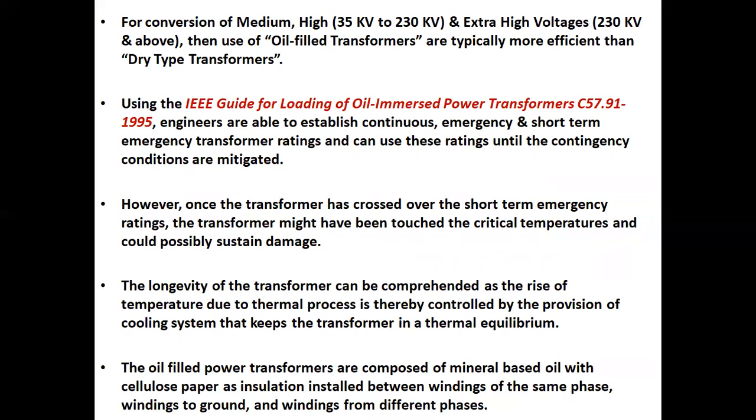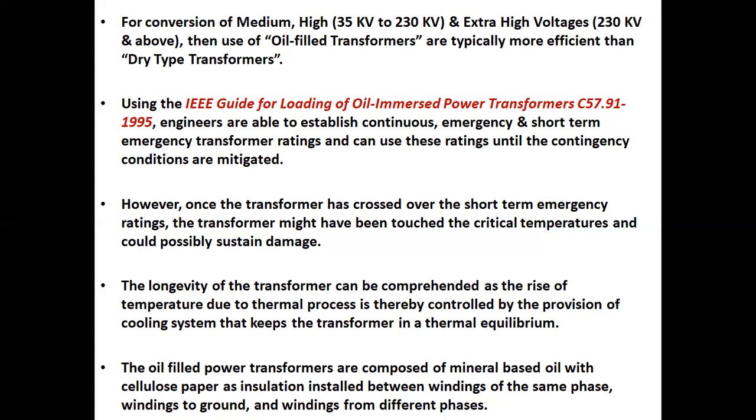Using the IEEE guide for loading of oil-immersed power transformers, C57.91 in the year 1995, engineers are able to establish continuous, emergency, and short-term emergency transformer ratings and can use these ratings until the contingency conditions are mitigated.